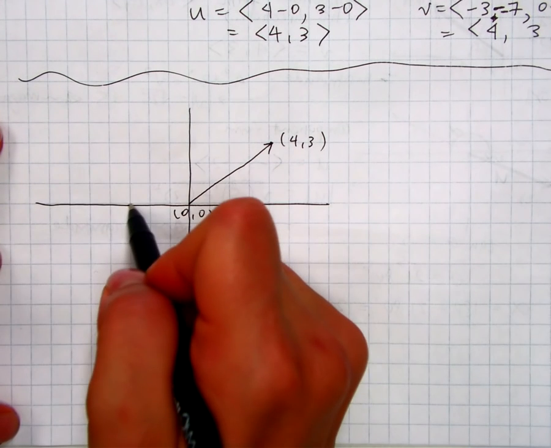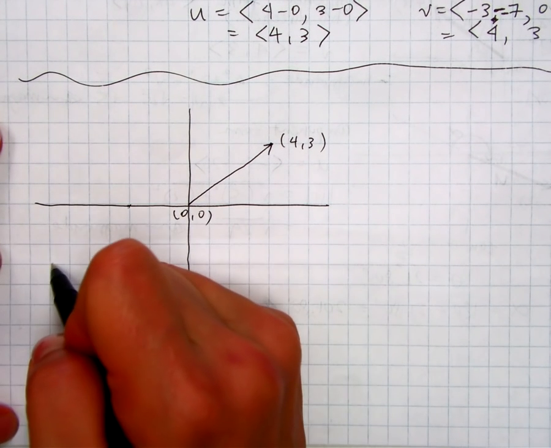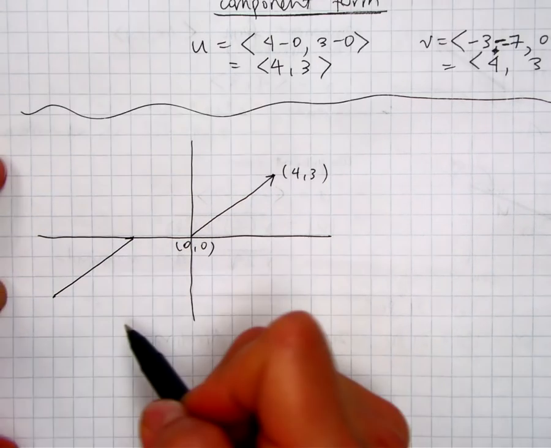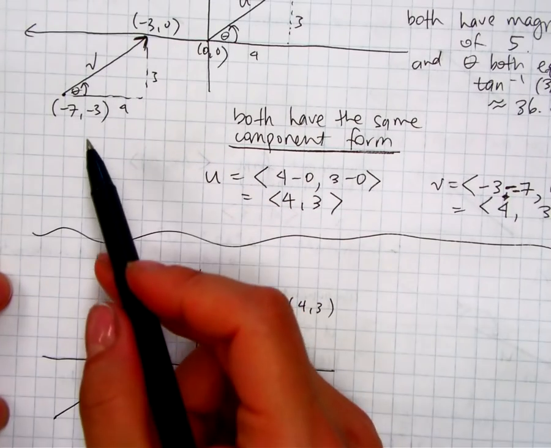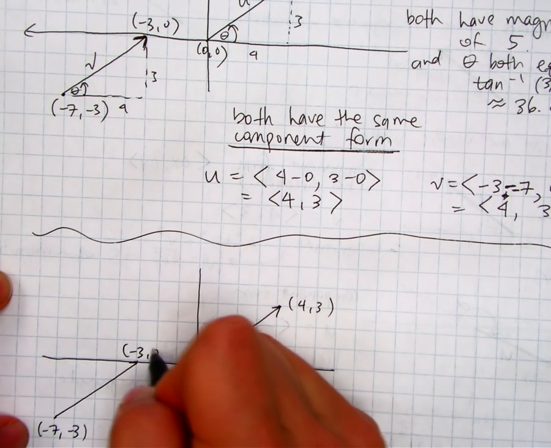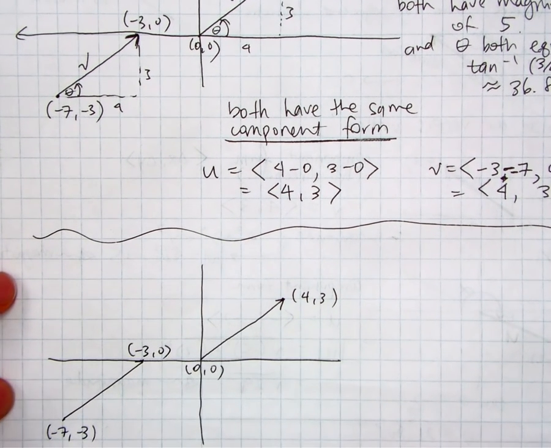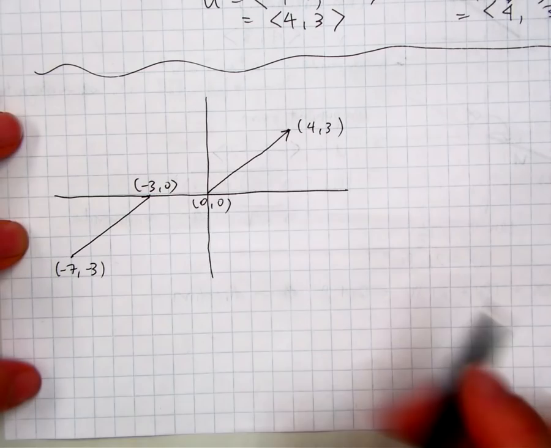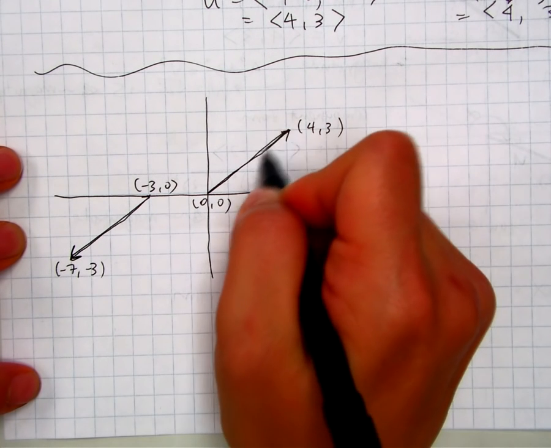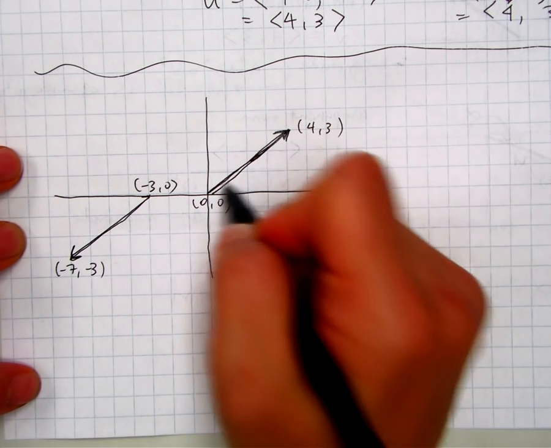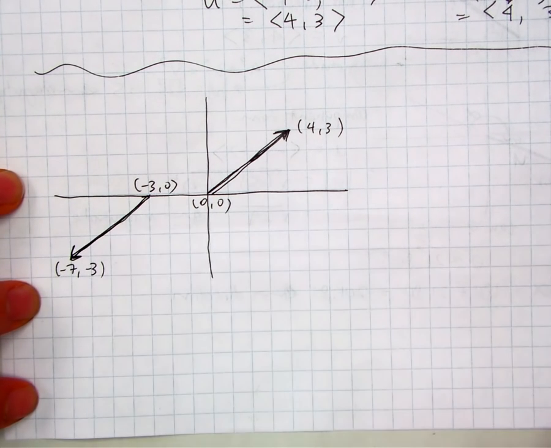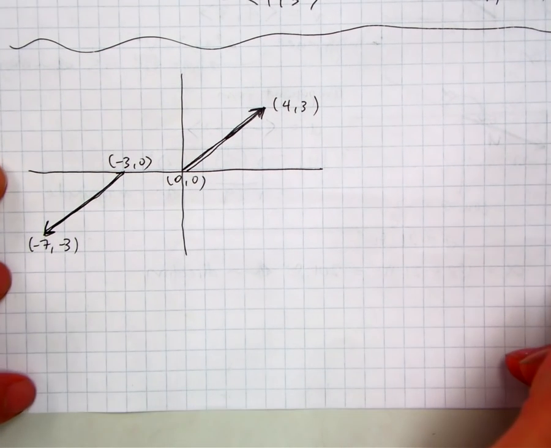And I have another vector here, exactly like the one above this at -7, -3, and -3, 0. But now what if I flipped where that arrow went? This arrow went this way now. Now they're going in opposite directions. Are these the same vectors?